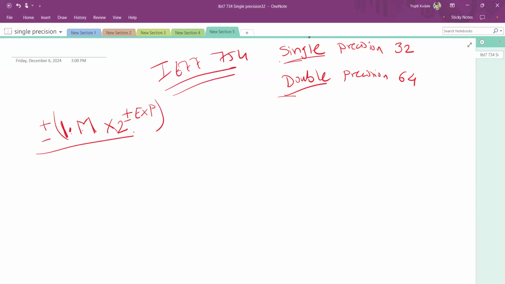Okay, now if the given number is in a decimal form, first you need to convert that decimal number into binary form.